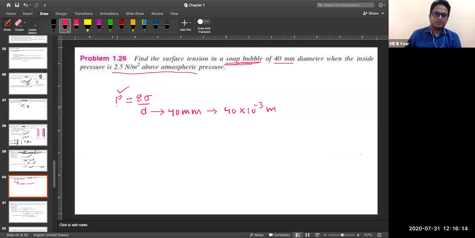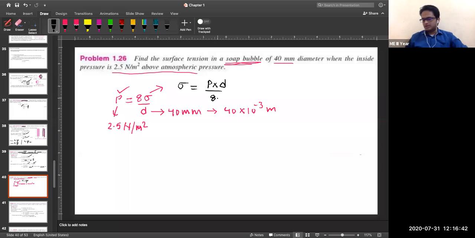The pressure is given in Newton per meter square, that is fine, 2.5 Newton per meter square. Now you have to calculate this sigma. So sigma will be equal to P into D divided by 8. Now tell me the answer, what you are getting. Put the values, do the calculation, and tell me the answer.